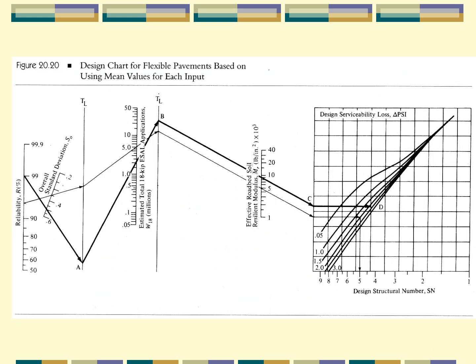And this is the nomograph that we have already discussed. With the help of this nomograph or the design chart, we can determine the structural numbers SN1, SN2 and SN3.